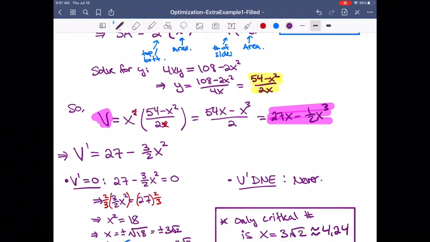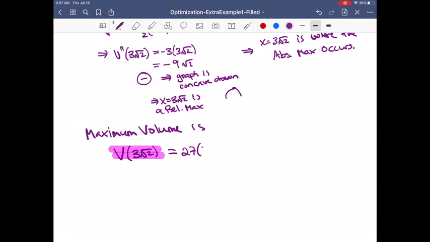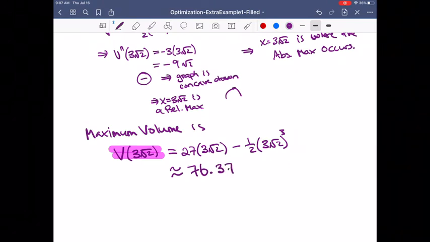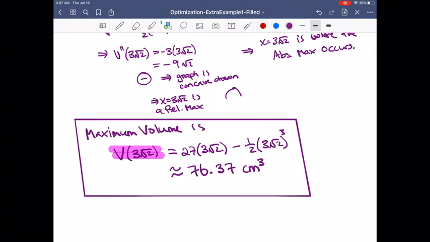So it's 27 times 3 root 2 minus 1/2 times 3 root 2 cubed. If you compute this, it's approximately 76.37, and the units are centimeters cubed. So that's the maximum volume we can achieve with a square base and surface area of 108 centimeters squared.